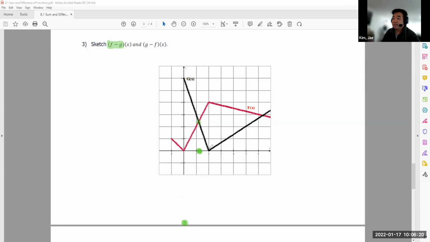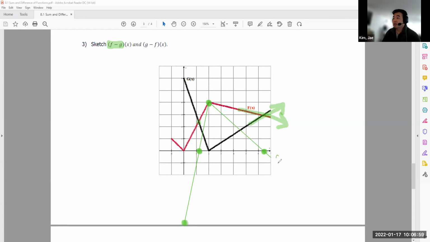Next. 4 minus a 0 means this is my next point. And then f and g have the same y value here, so I know I'm going to be going downwards. And since the trend for the black line and the trend for the red line aren't changing, I know it's going to continue on like that. So my f minus g will be, how about I draw straight lines here? There, straight line, and then straight line.